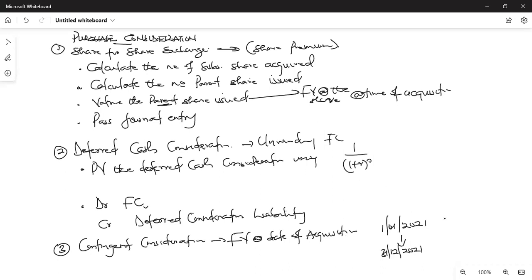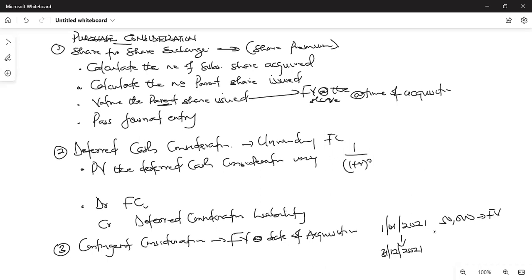You've promised this amount, let's say 50,000. This promise is based on the fact that if they meet some conditions, and you are using this 50,000, that is the fair value of the contingency.